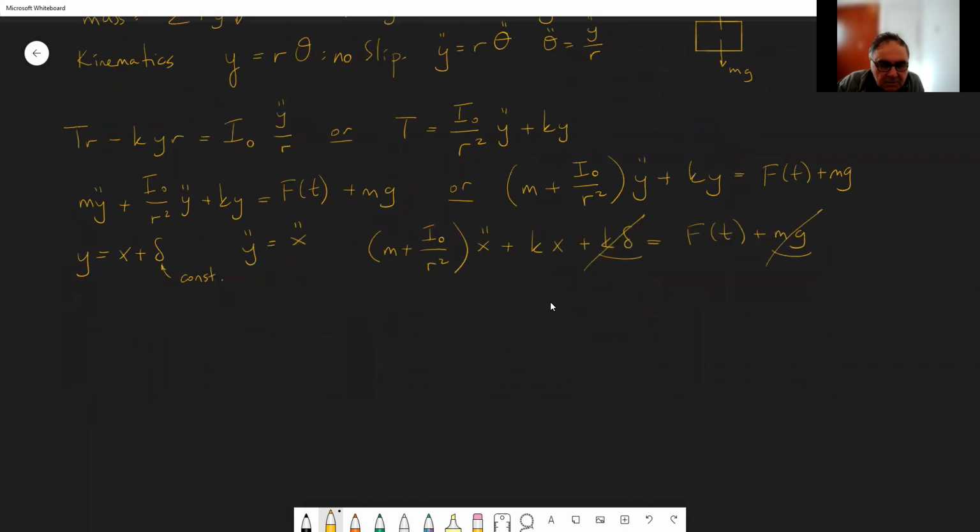We can write our equation of motion as m plus I naught over r squared, x double dot plus kx equals f of t.